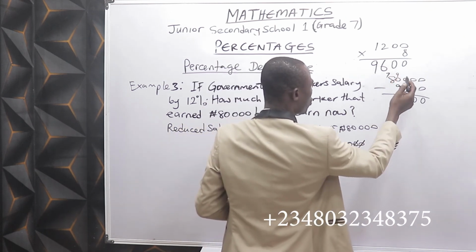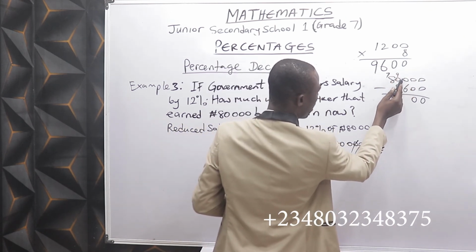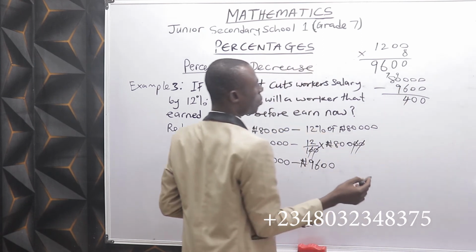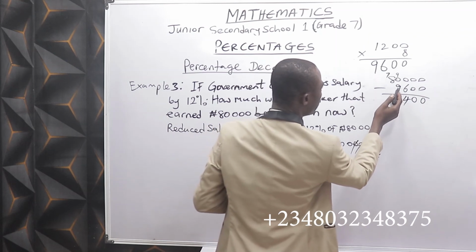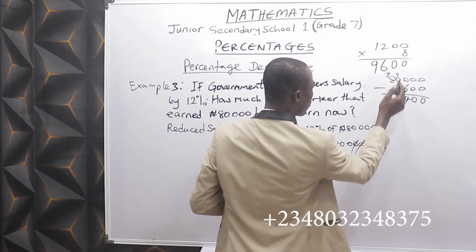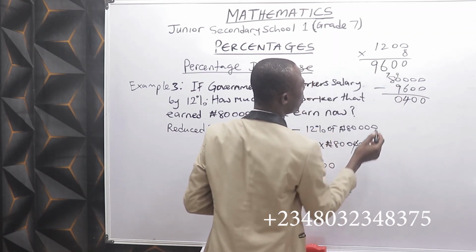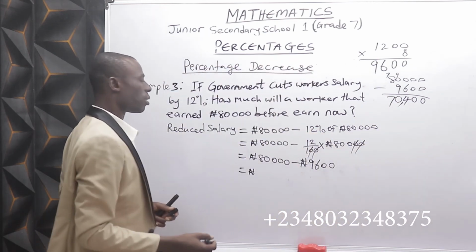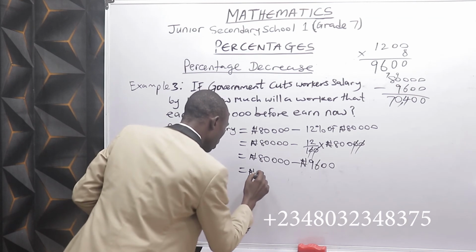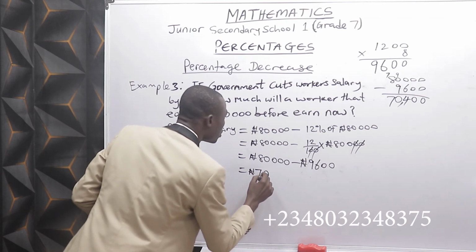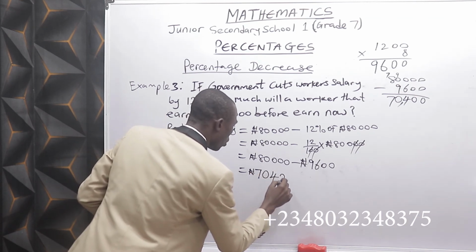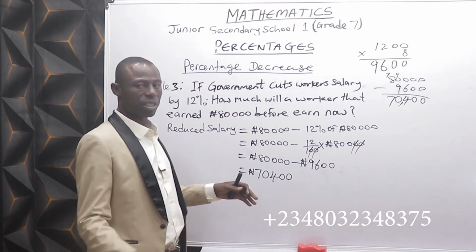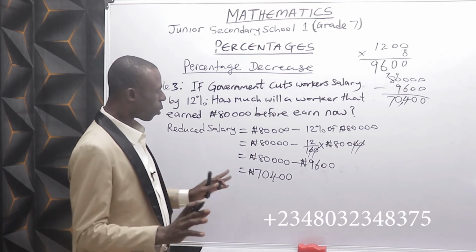The 1 we borrow comes to this 0 and it becomes 10. So subtract 6 from the 10, so we have 4. This is 9. Subtract 9 from 9, that's 0. And we have 7 here left. So that is 70,400. So answer will be 70,400. And that will be the new salary the person will be collecting.